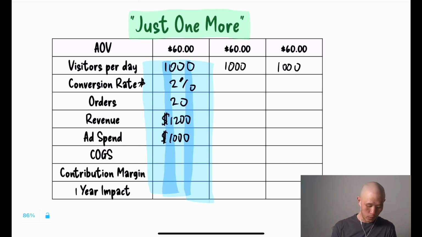Cost of goods, we'll say, is 25%. So pretty good margins, just to be generous here. And so that backs out to $300 on the $1,200 in revenue. And the contribution margin on that, which we calculate by taking your revenue, subtracting your ad spend, and subtracting your cost of goods.